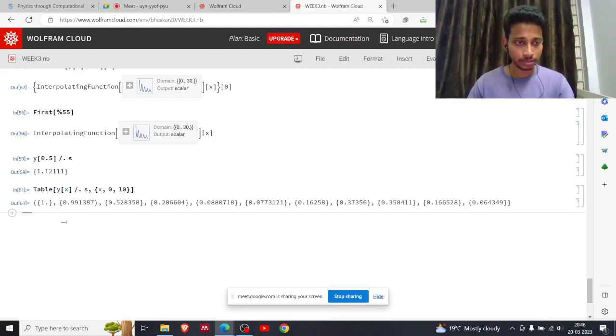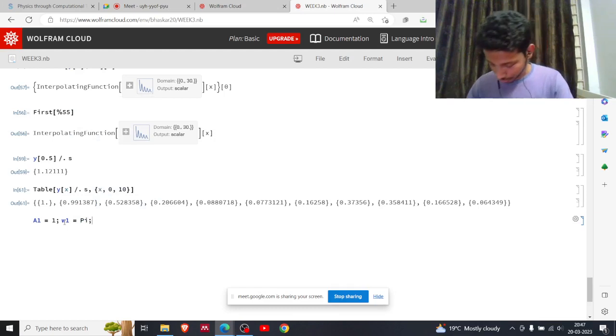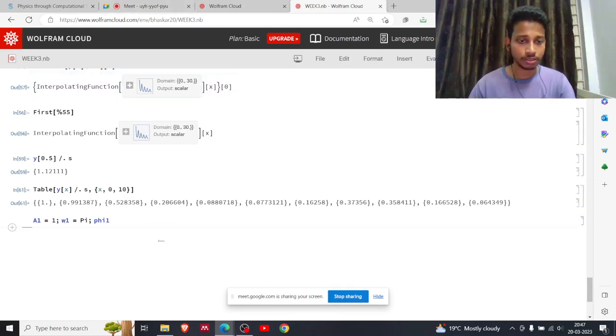Okay, so I will now show something that is related to the oscillator problem. This will take some time to type. I'll just show it in the Mathematica desktop version.